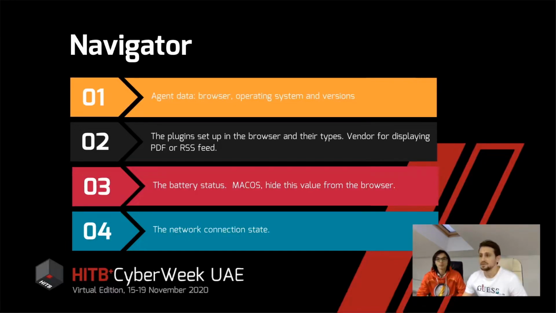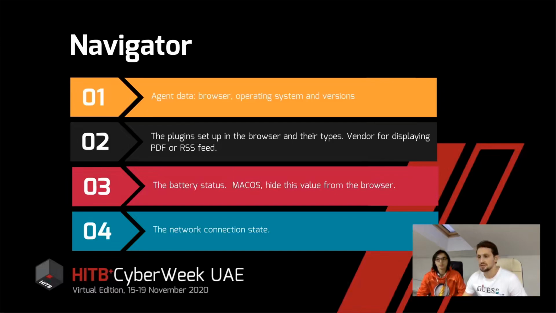We start with Navigator. Navigator is the first object in browser fingerprinting. First of all, it gains agent data. It's about your browser, operating system, and their versions.